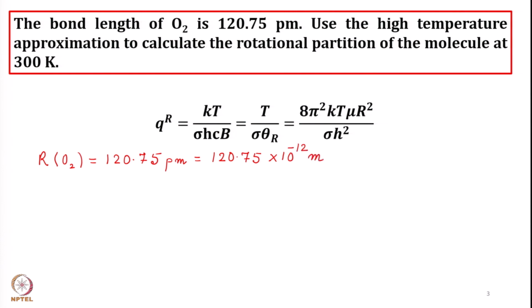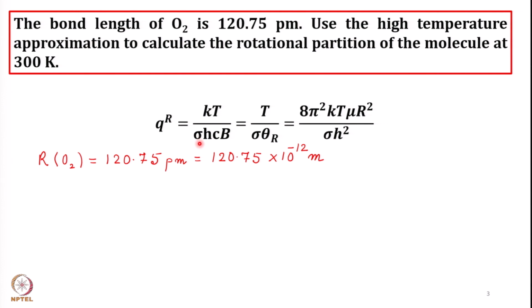Now, if you carefully look at this expression, we have to transform it to use the given information. k is the Boltzmann constant, it is a constant. T, temperature, is given to you, it is 300 Kelvin.